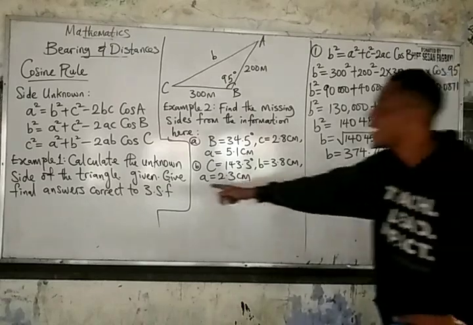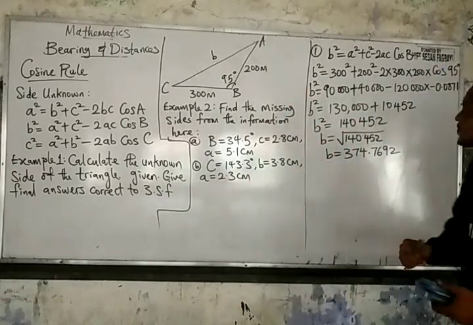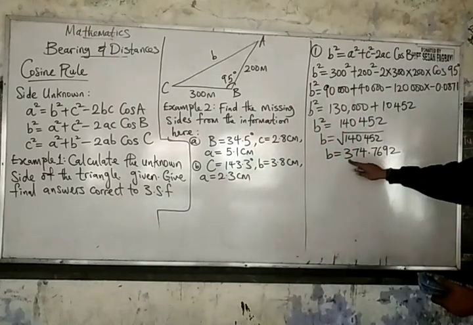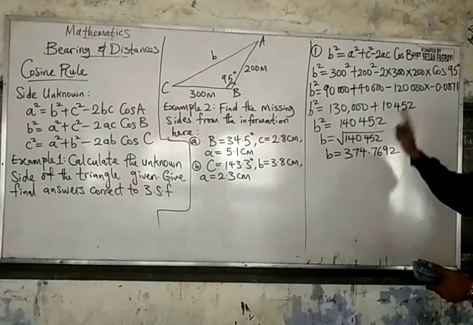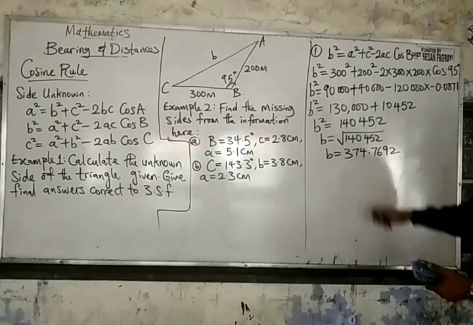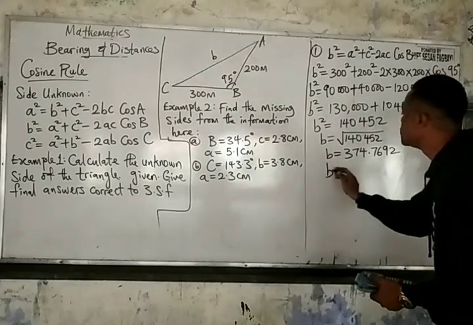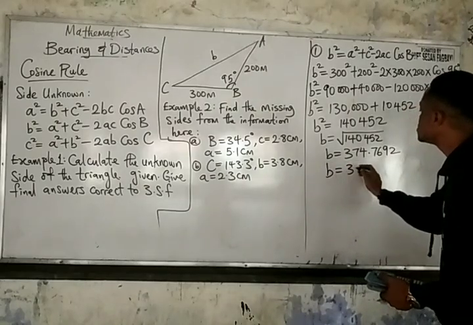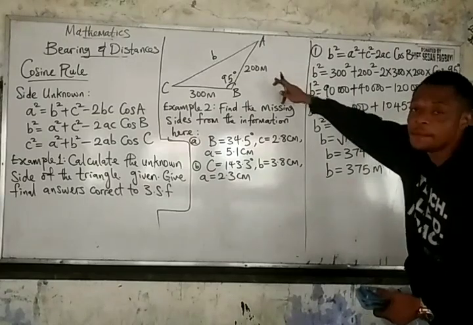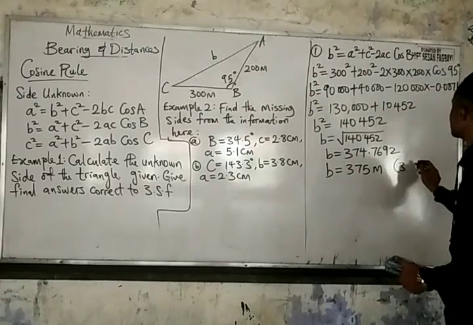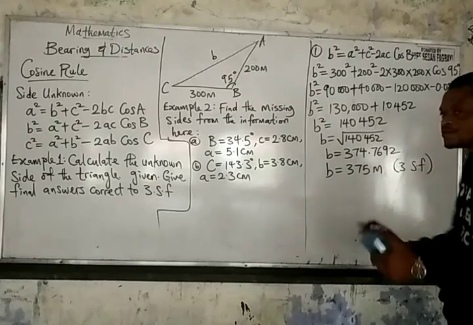And we have to leave our answer in 3 significant figures. That means the first significant figure, the second one, the third one. I round up this 7, it becomes 1. I add the 1 to 4, it gives me 5. So B will be equal to 375 meters, because it's measured in meters, in 3 significant figures.